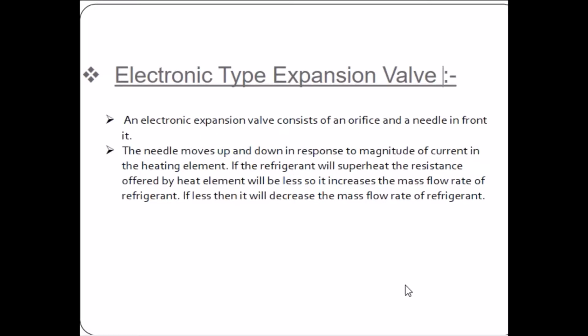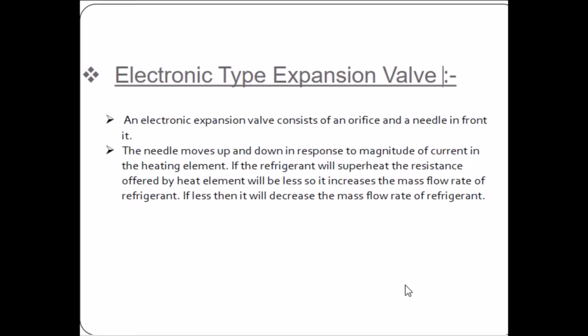Actually the sensor will read, and then the element will work. First, the sensor will give information to the heating element to give the resistance or to go higher. If the resistance is higher, it means the supply of refrigerant will increase.